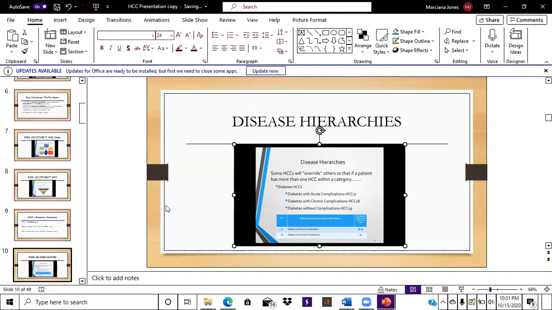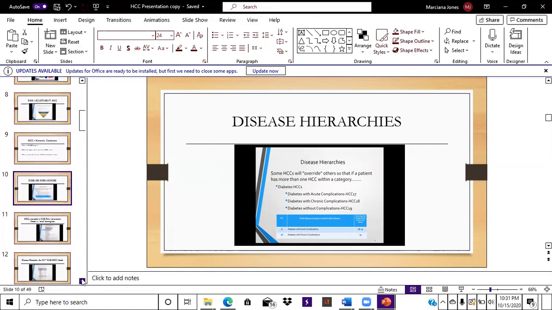And if you have a patient with diabetes with neuropathy, eye issues, and kidney issues, all from diabetes, you'll only get credit for one of them, but you'll eliminate any diabetes in category 19, which is diabetes without complications, or the regular E11.9.